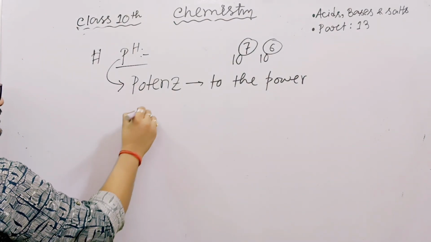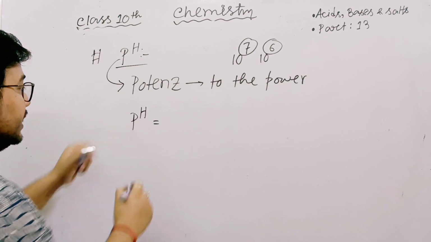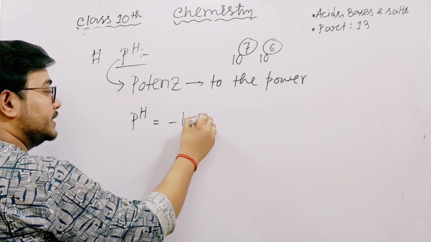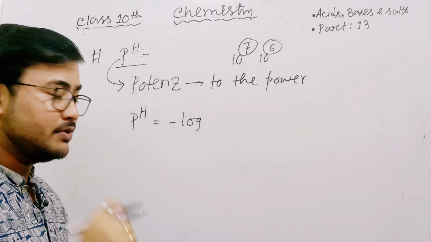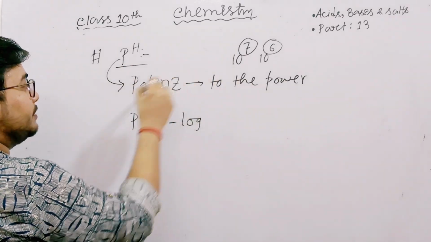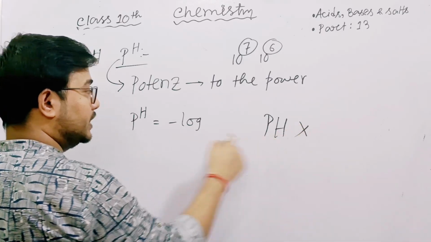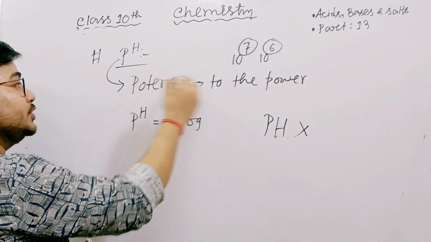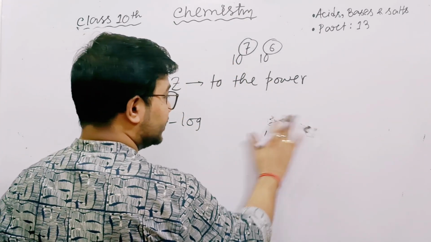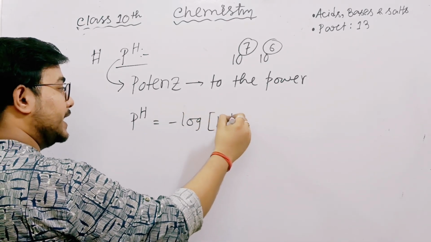Okay, now look at the board. What is the way to represent pH? Keep in mind P indicates minus logarithm, that is log. In mathematics you have log. Now power, see, potence means to the power. See, H is not written as small h, it is wrong. See, P is power, P to the power H. Now this H indicates the third bracket H plus.